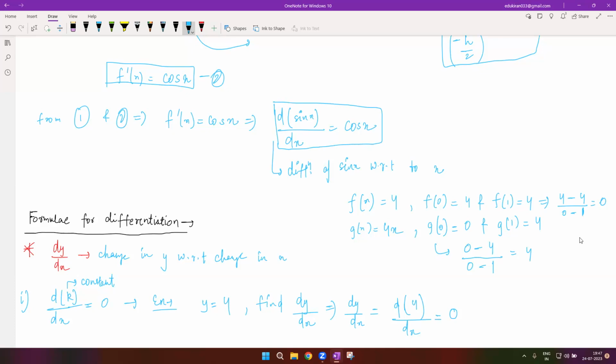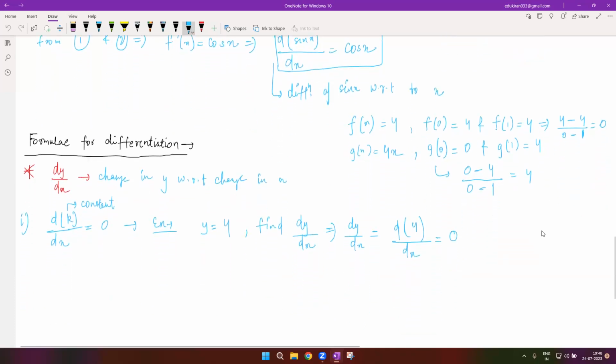In case of a constant, we do not have a change in output because the output is always constant. That is why the differentiation of all constants is 0. This is our first formula: differentiation of any constant is 0.